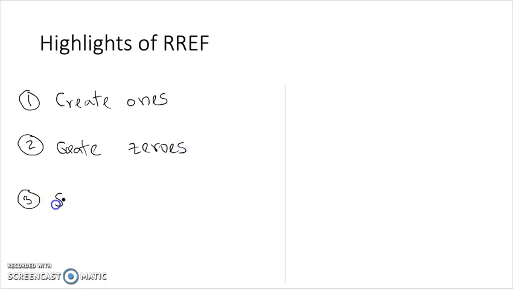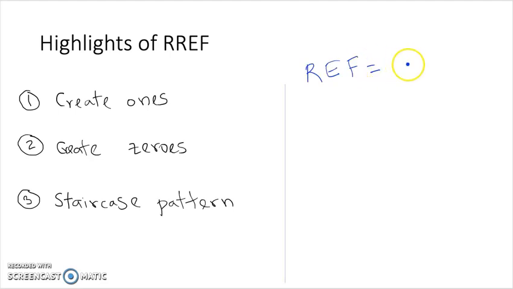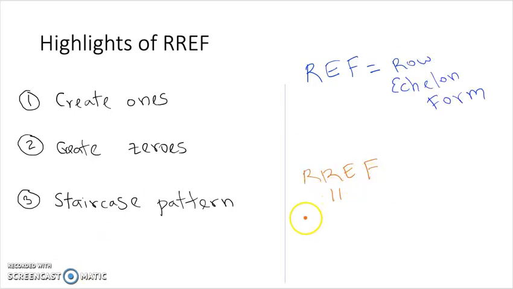And in the process, part of what you're trying to do is also to create a pattern that looks like a staircase. So the abbreviation REF stands for row echelon form, while RREF means reduced row echelon form.